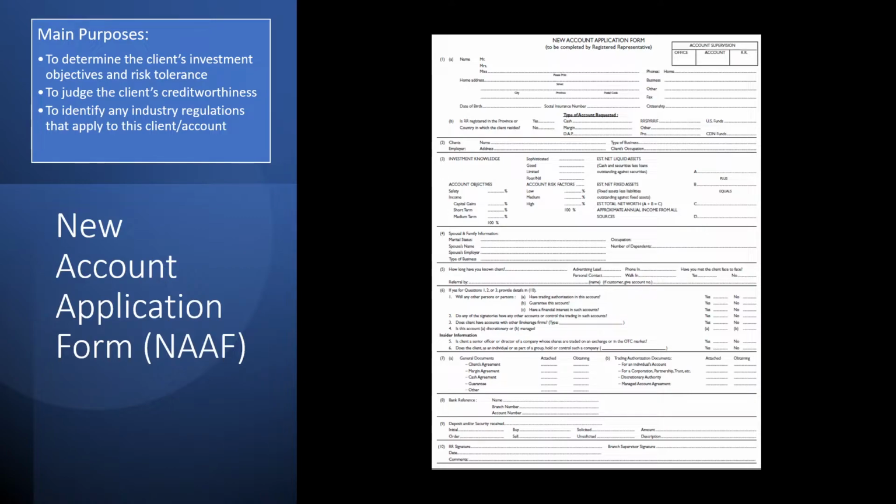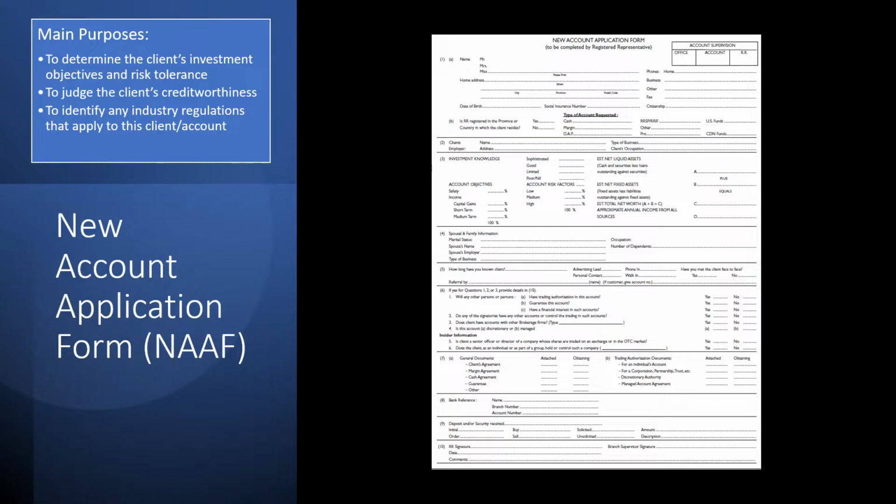So RRs must complete a NAF before opening any new account. These applications include the client's identity, so their full name, address, SIN number, personal information, all of that kind of stuff. The client must also fill out personal financial information, including income and net worth.